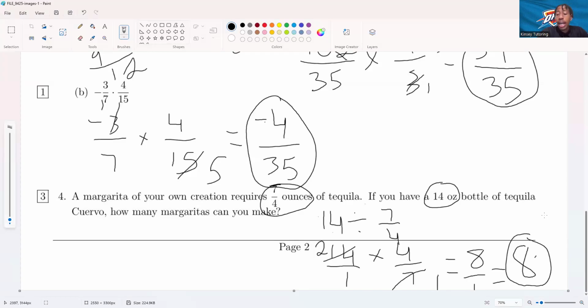And that 8 ounces. Don't forget your measurements. Well, oh no, actually, nope, sorry. They said how many margaritas, so no, I'm doing too much. It's just eight. So eight margaritas. Okay. All right, so we have eight, and yeah, so that's pretty much this topic.